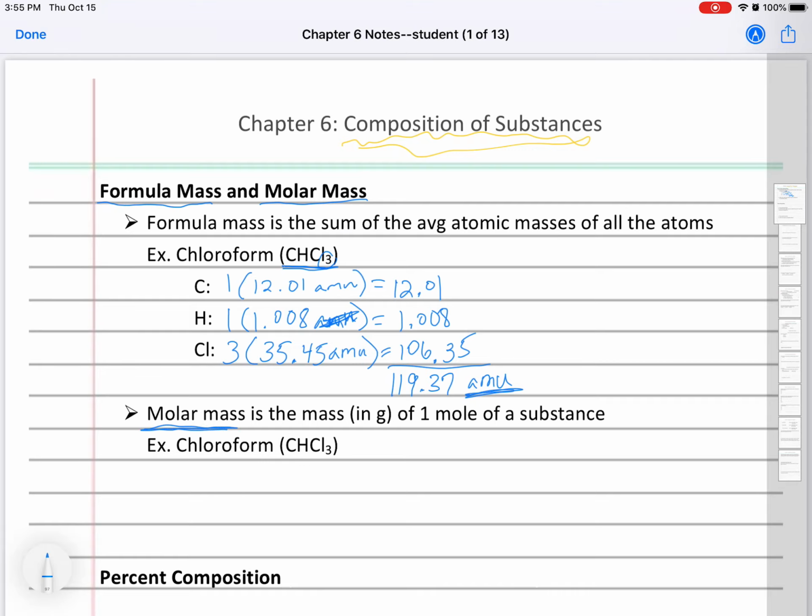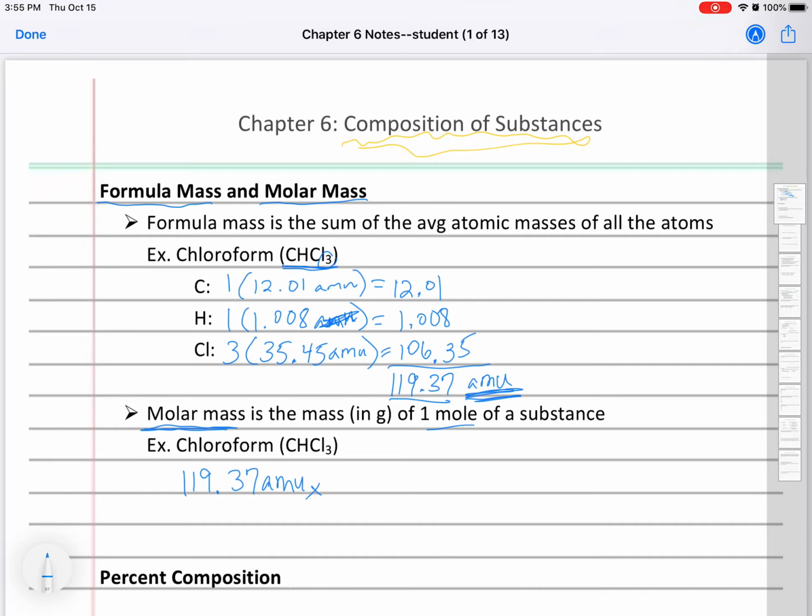Molar mass is the same number, but the unit is different. The unit is going to be grams because that is how we calculate the mass of 1 mole of a substance. In fact, if I were to calculate this for you, if we take 1 molecule of CHCl3, which is chloroform, and it is 119.37 atomic mass units, and we want to know how many grams is 1 mole of this substance.